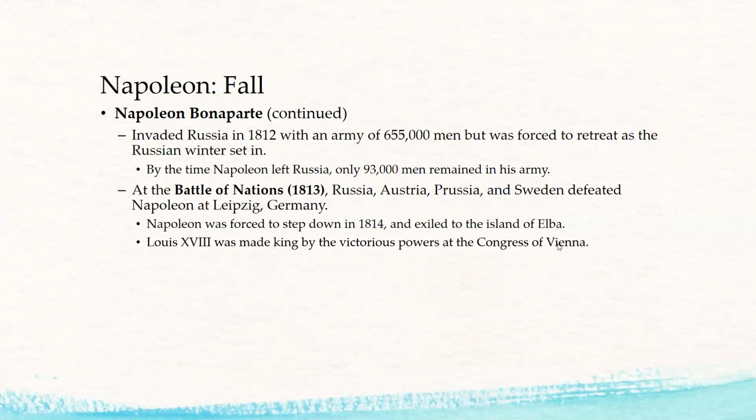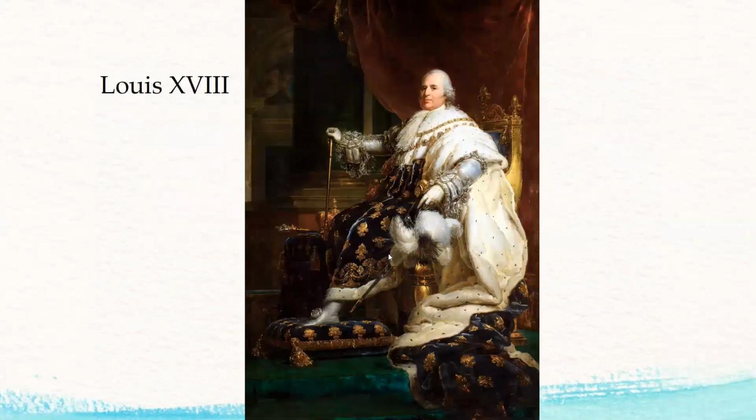Many of the borders of Europe to this day are based on the Congress of Vienna. And one of the things the Congress did was it made Louis XVIII king. And so Napoleon, there's a picture of Louis XVIII. You can see that they've come a long way since Louis XIV.